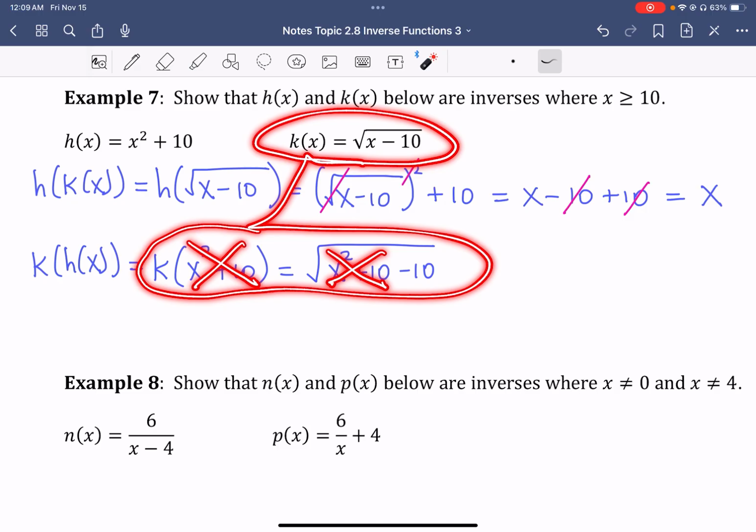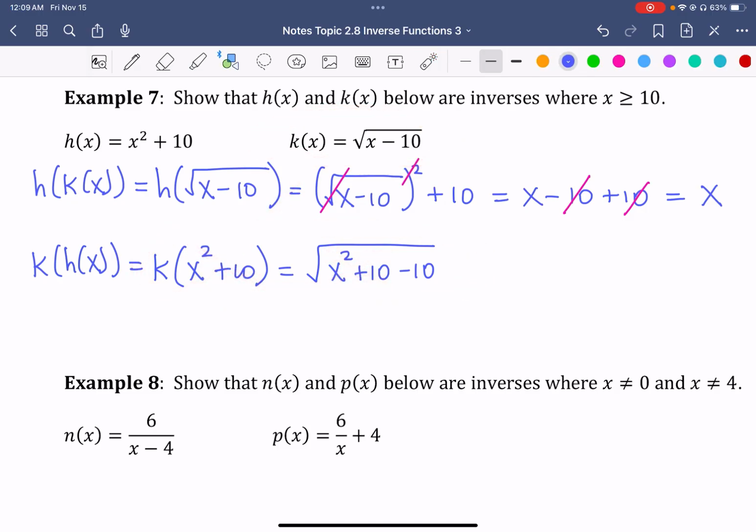But it used to be just k of x equals the square root of x minus 10. Okay, now in here, I can cancel out the 10 and the negative 10. So I would be left with the square root of x squared. And we know the square root and the square cancel. So I would just be left with x.